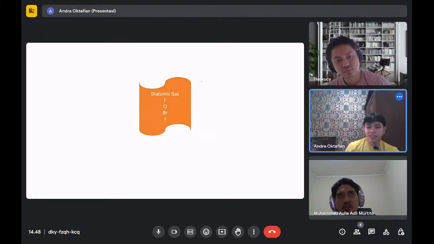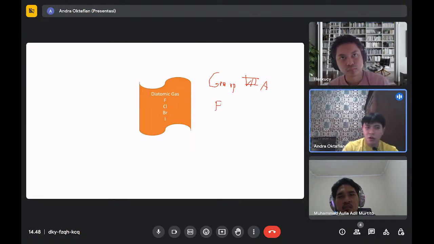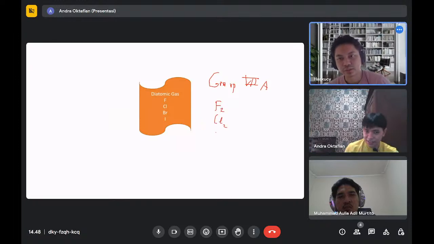Remember that in group 7A, like fluorine, chlorine, bromine, and iodine, all of the substances should form a pair: F2, Cl2, the chlorine.